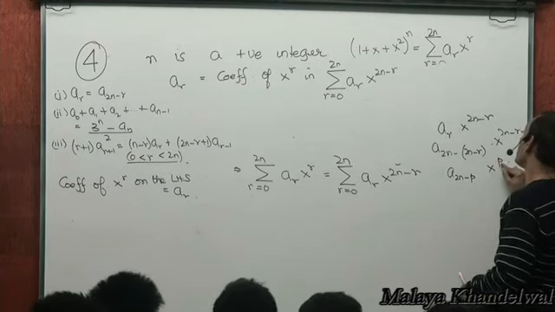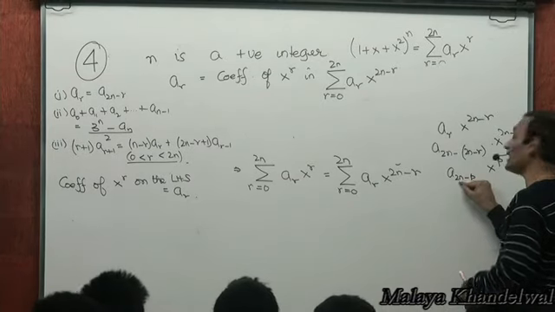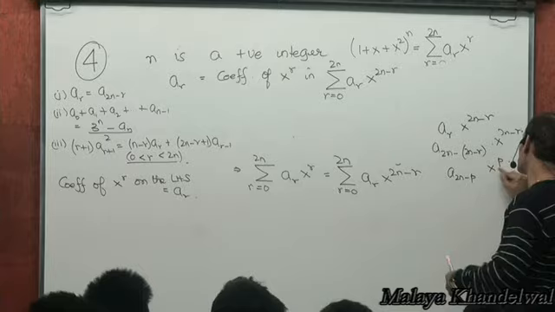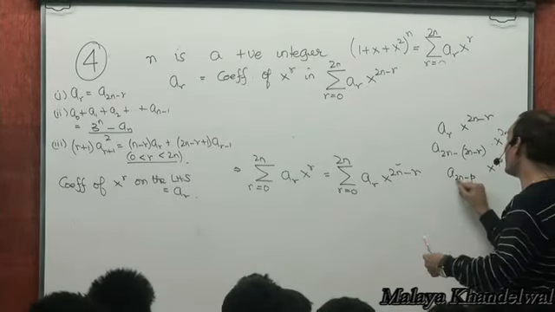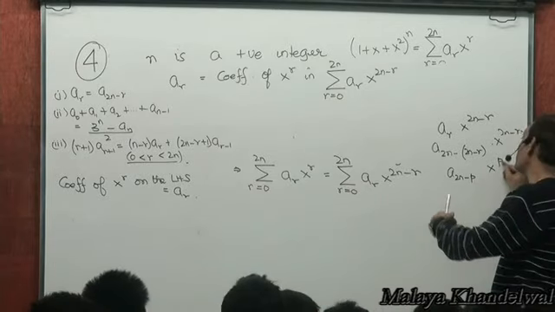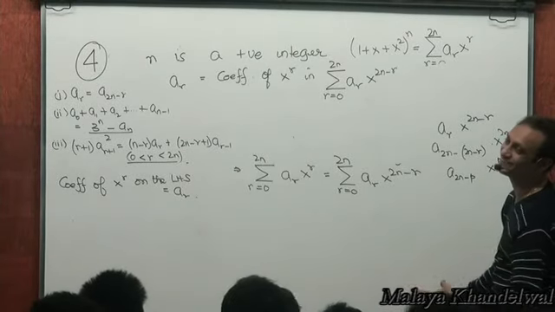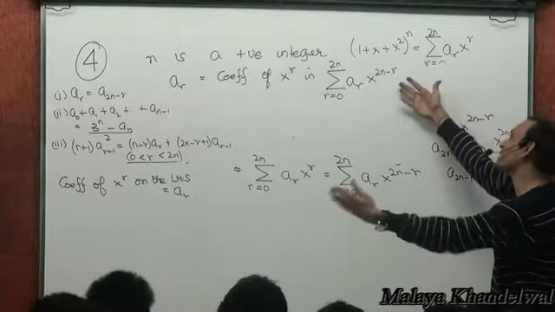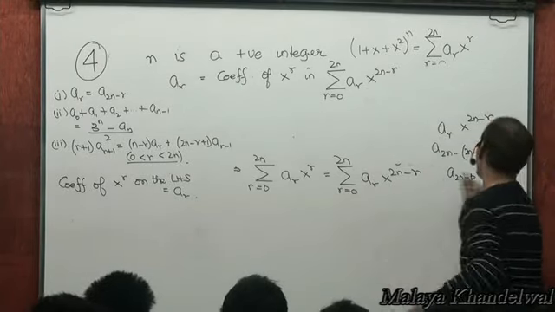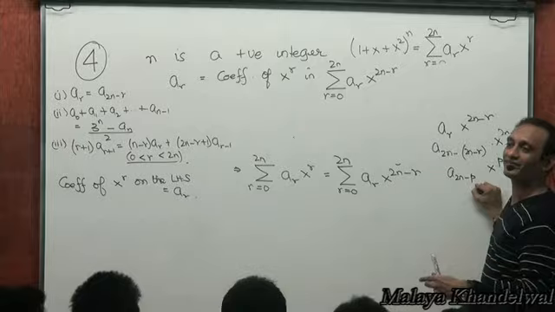So the coefficient of x power p is going to be a 2n minus p. The coefficient of x power q is going to be a 2n minus q. The coefficient of x power r is going to be a 2n minus r. Yes or no?